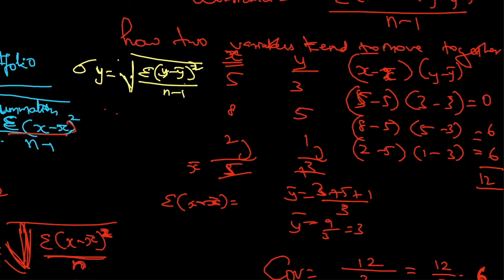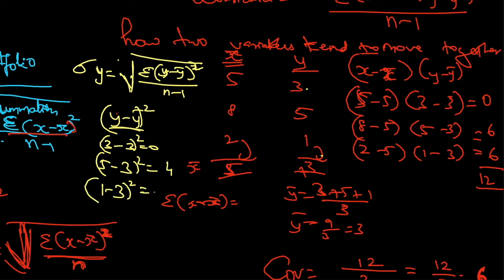So I need y minus y bar the whole square. So let me find out here y minus y bar. So first one is 3 minus 3 and the square as well. So 3 minus 3 is equal to 0. Then 5 minus 3 square, so that comes to 4. 1 minus 3 square, that comes to 4. So total is 8.